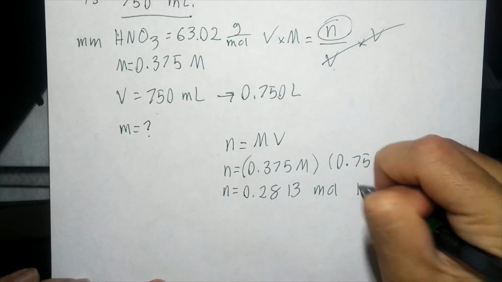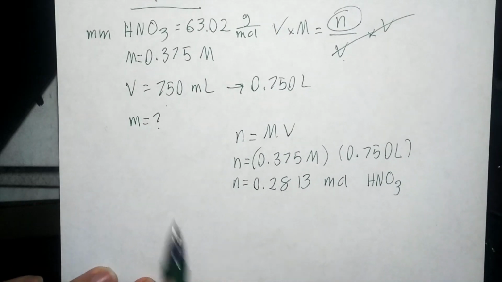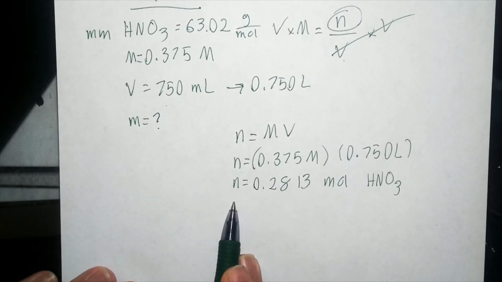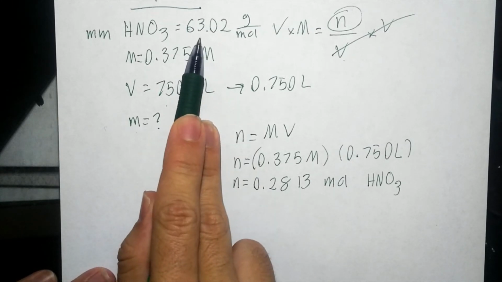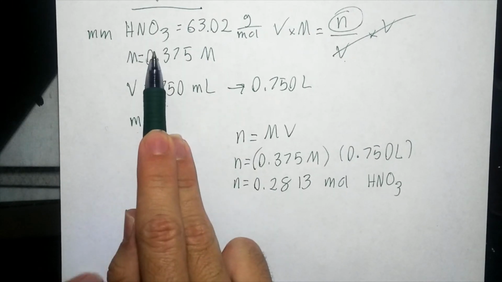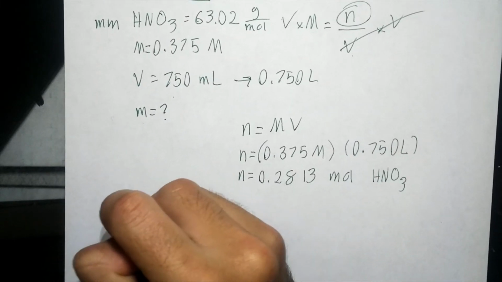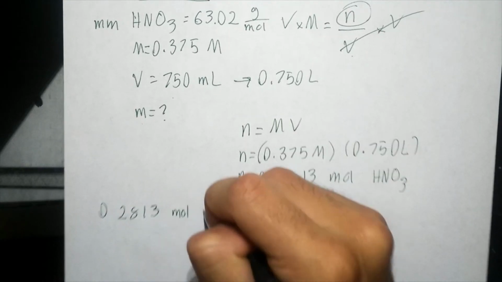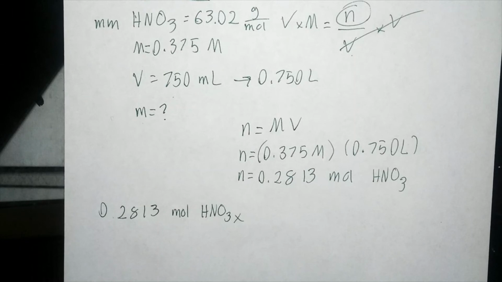Specifically of nitric acid. Now we're not done yet. Remember, we were asked to find mass, and so far we've only found moles. We can use this amount of moles and our molar mass to determine the actual mass of nitric acid. So I'm going to take this number, 0.2813 moles of HNO3, that's nitric acid, and simply multiply it by the molar mass.